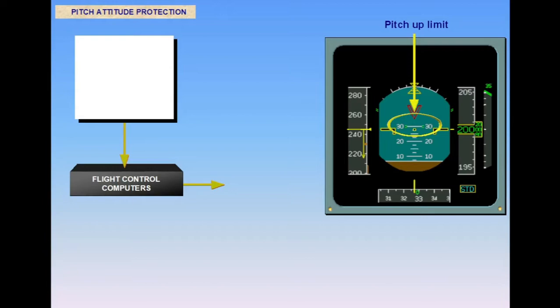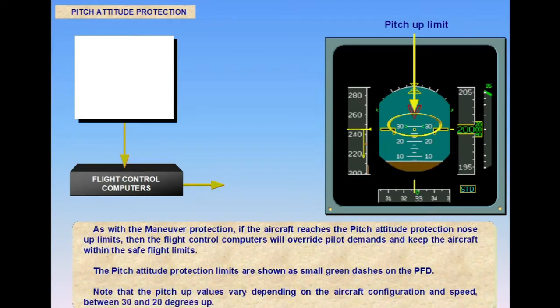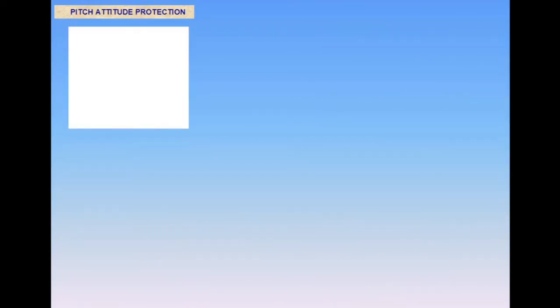Note that the pitch-up values vary, depending on the aircraft configuration and speed, between 30 and 20 degrees up. In the nose-down case, the computers will limit the nose-down attitude at 15 degrees.